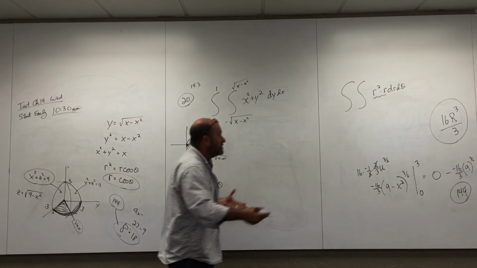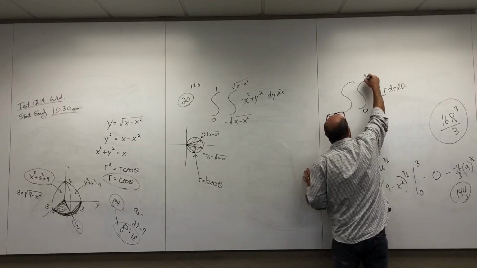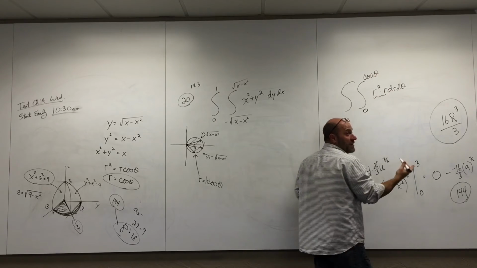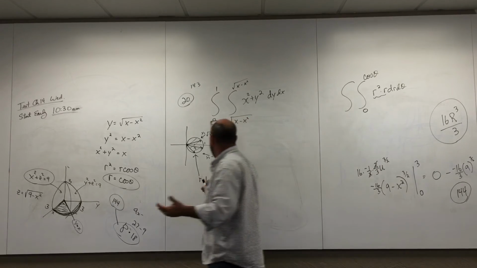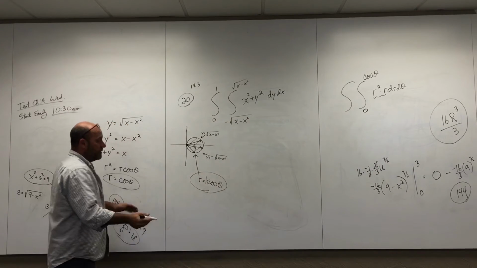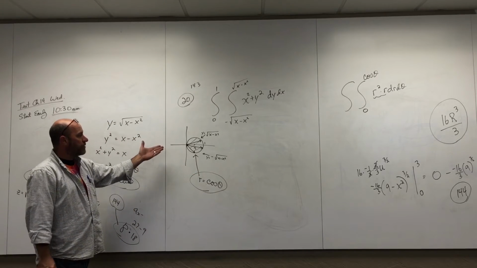So I think my bounds for r are 0 to cos theta. That's from the origin out to the curve, and the curve is named this.